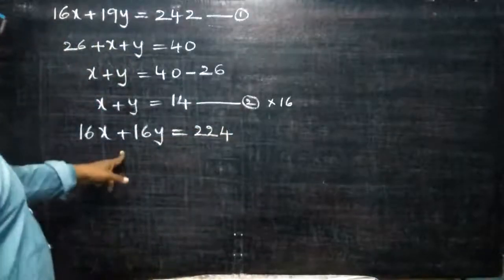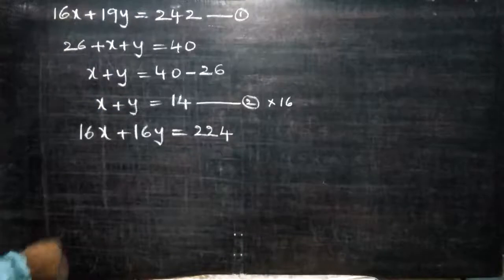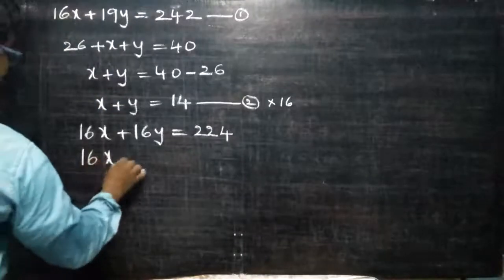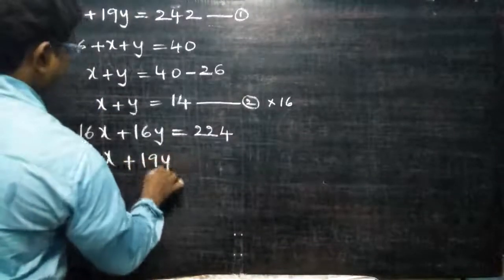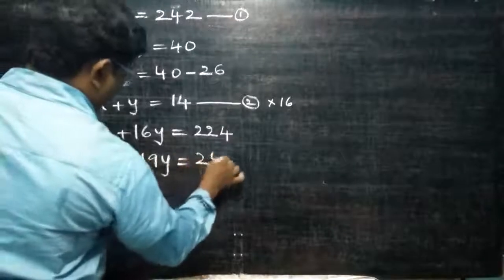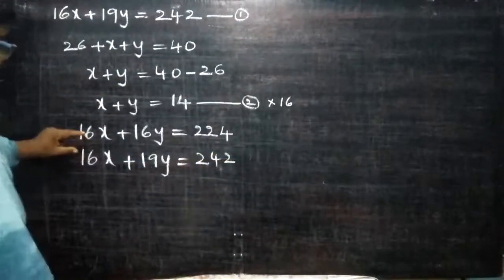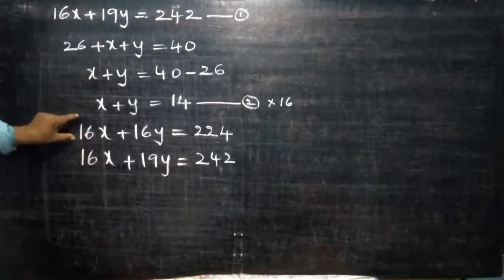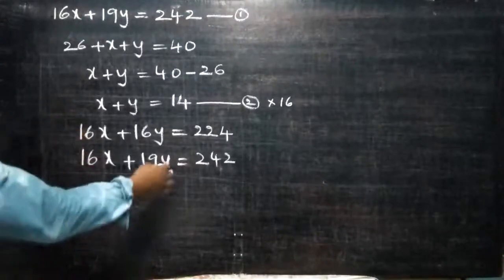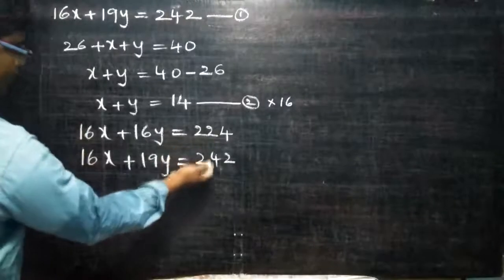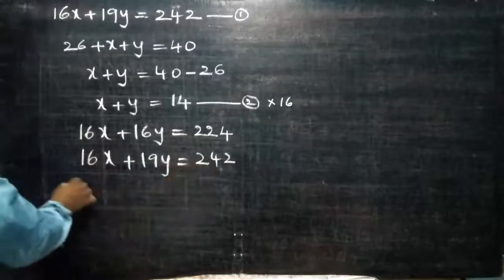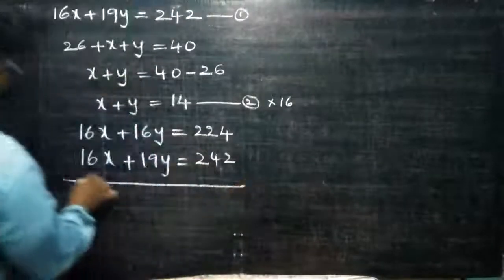Now this we got, and we are having there 16x plus 19y is equal to 242. Are you able to follow? So better to subtract. We can't subtract a big number from a small number, negative comes, otherwise we will subtract, nothing will happen. Minus will come. Subtract.